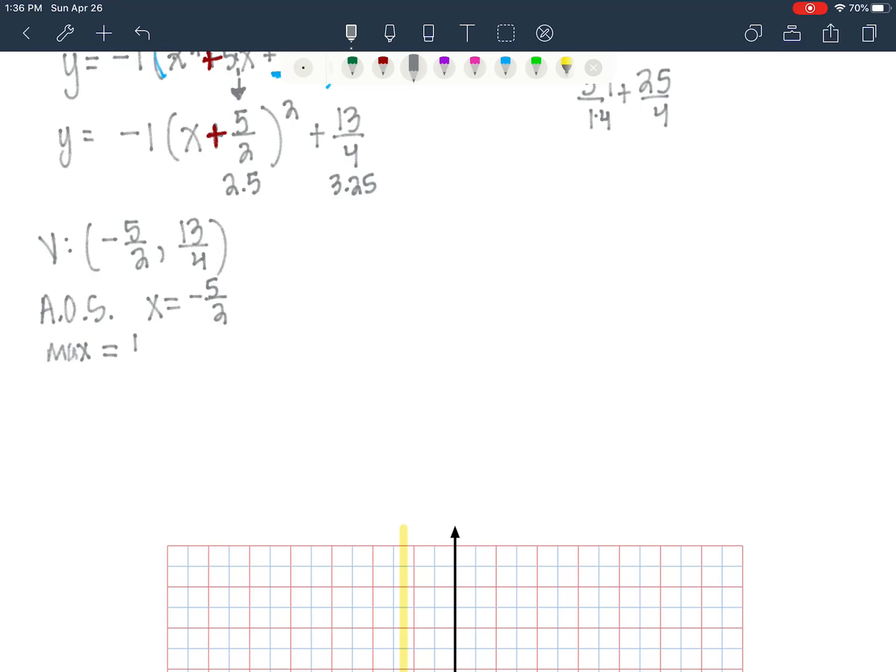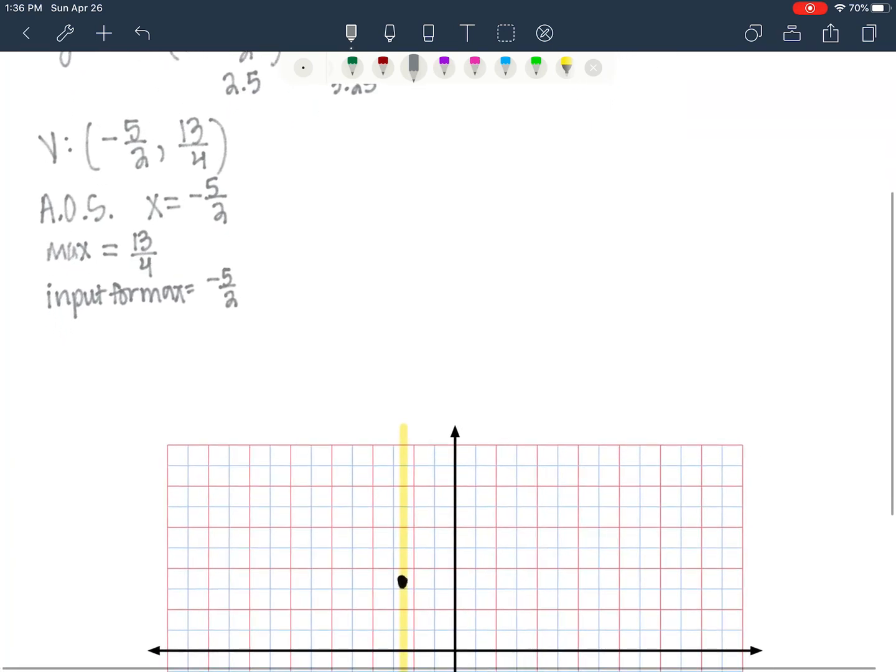And that maximum is equal to 13/4. The input for the max is -5/2. And then we have our x-intercept and our y-intercept.